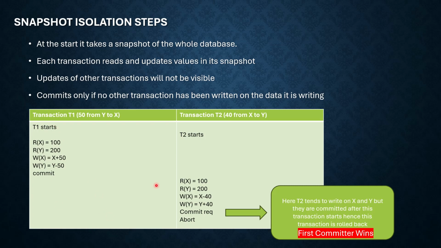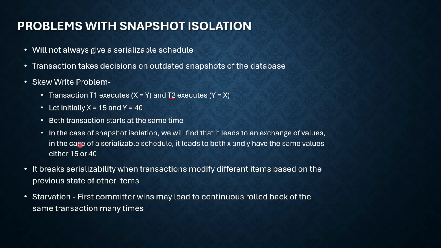While it is happening, many other transactions commit very fast. So there might be a case that this transaction has aborted many times, just because another transaction comes and commits on those variables on which this transaction wants to write. So this was starvation. First committer wins may lead to continuous rollback of the same transaction many times. This is the problem of starvation also.